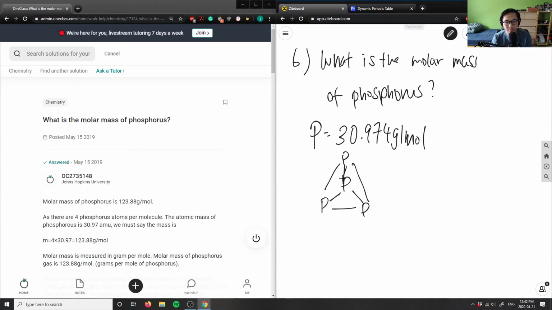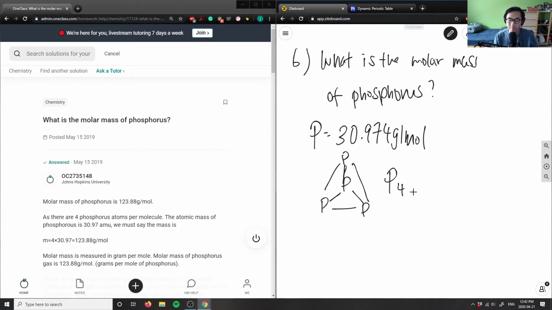It's a bit harder for you to know, because in the scope of grade 11, you're not expected to know this geometry. However, in the scope of university or a grade 12 chemistry course, you would be expected to know that phosphorus makes this pyramid shape. So given that, let's assume phosphorus here has 1, 2, 3, and 4 atoms, which means this is P4, or you can say tetraphosphorus.